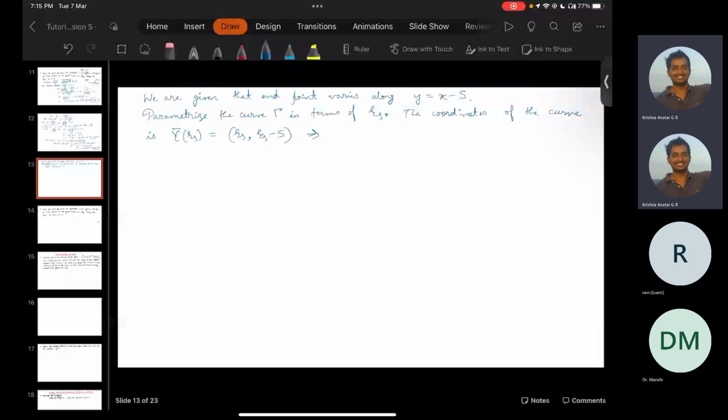Now let's invoke our transversality condition. The transversality condition was P dy by dxi minus h dx by dxi is equal to 0 at x1.